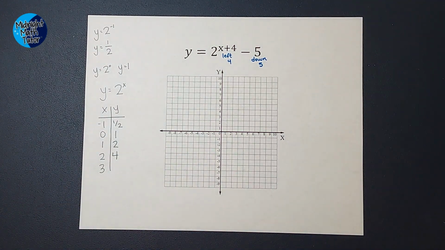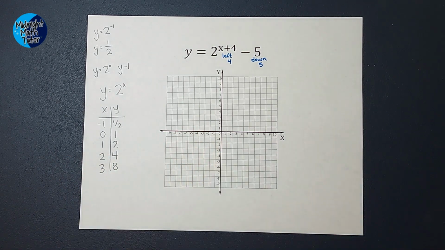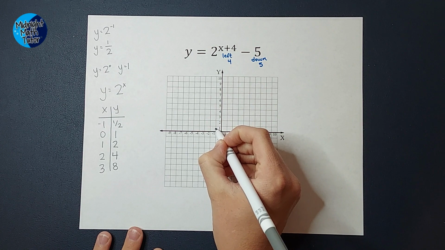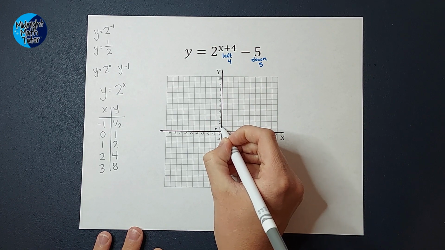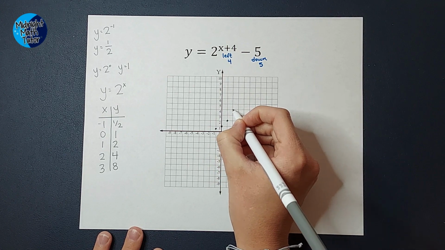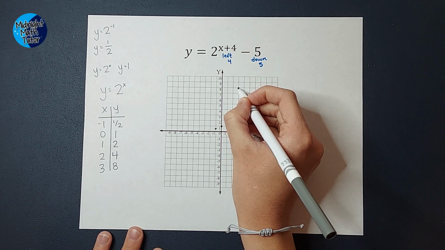And when I plug in 3, I get 2 to the 3rd power, which 2 times 2 times 2 is 8. Okay, so let's go ahead and plot these points, okay? So I have -1, 1/2, 0, 1, 1, 2, 2, 4, and 3, 8, okay?